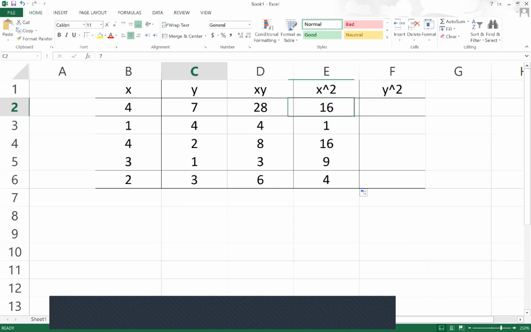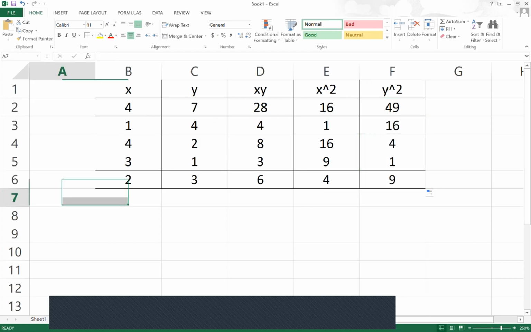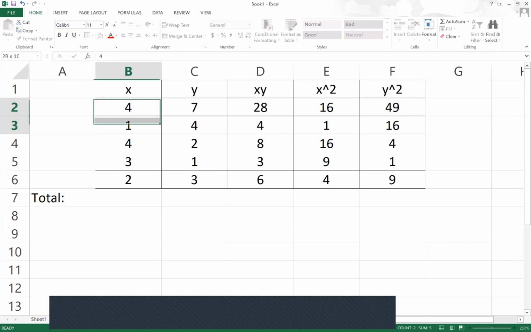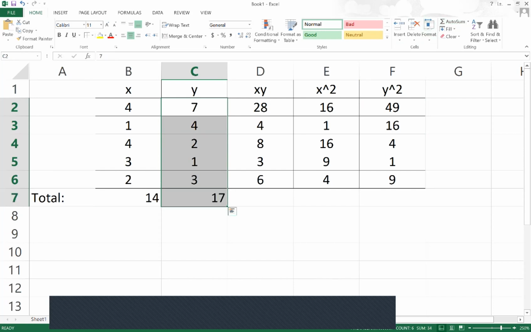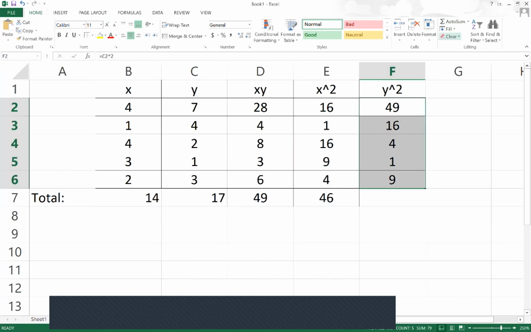Okay, then square all the y. Now we're gonna get all these numbers. Okay, now we need to calculate the total. Which column? Sum of x, sum of y, sum of xy, sum of x squared, sum of y squared.